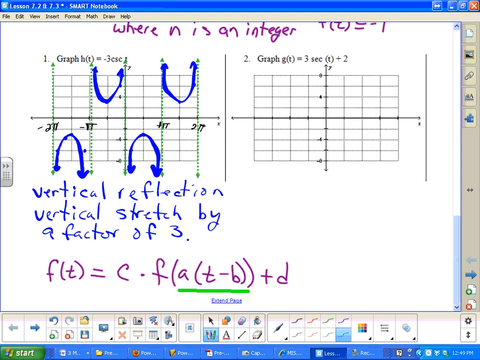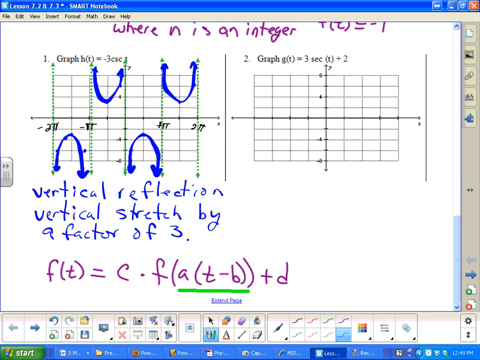Okay. Number 2 says 3 secant of t plus 2. All right, the 3 refers to what number? C. Okay, so that means we're going to stretch this one by a factor of 3 also. Okay, but what about that plus 2 on the end? What does that tell me? Okay, we're going to vertical shift up 2.